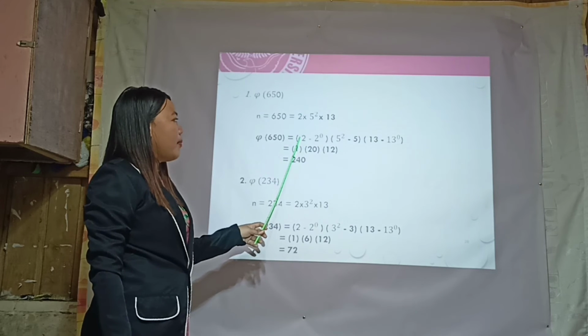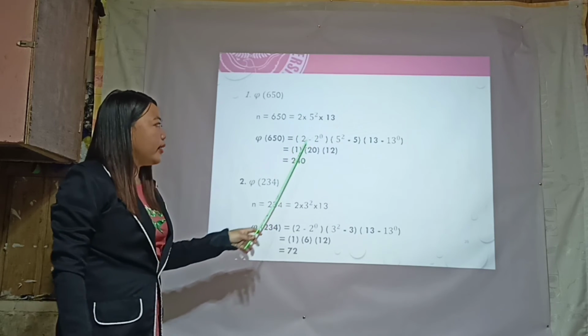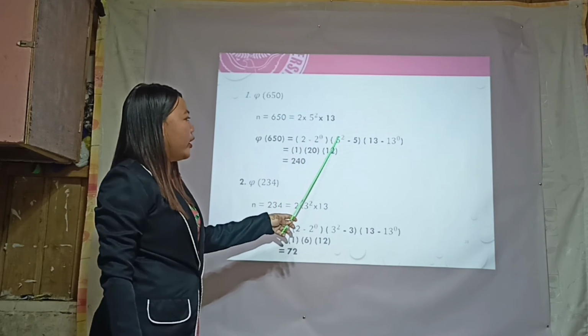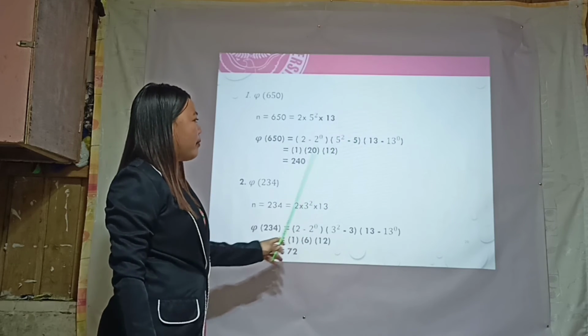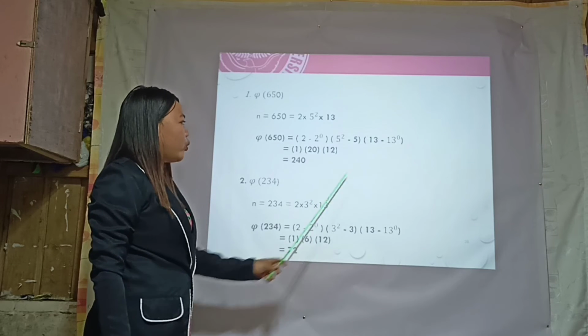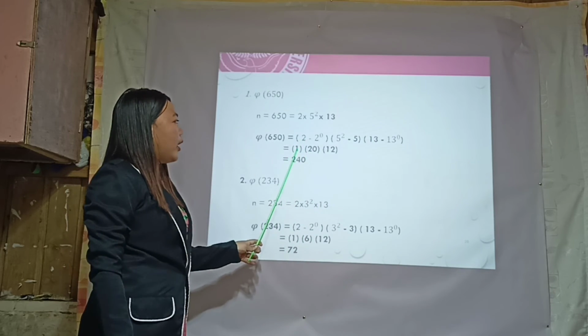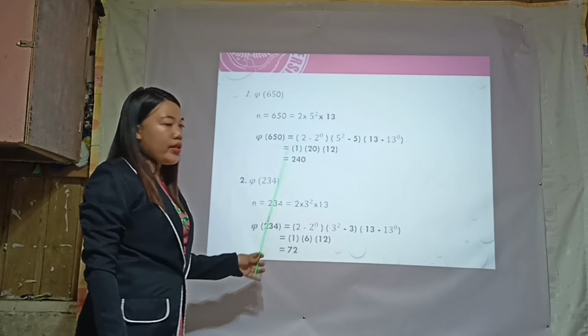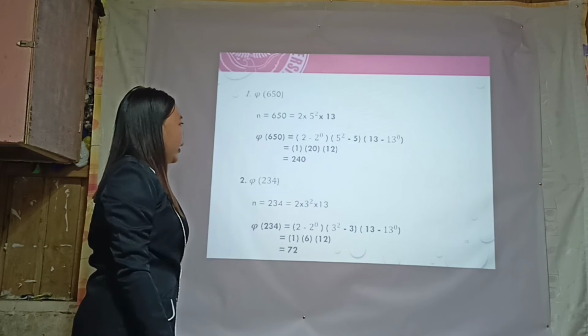So 2 minus 1 is equal to 1, and 5², which is 25, minus 5 is equal to 20, and 13 minus 1 is equal to 12. So 1 times 20 times 12 is equal to 240.